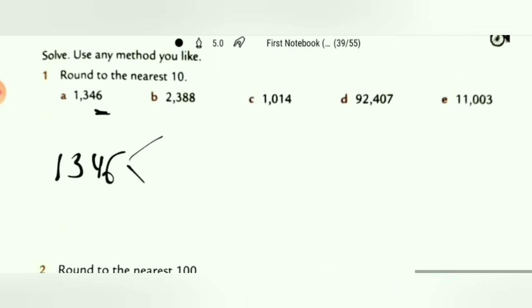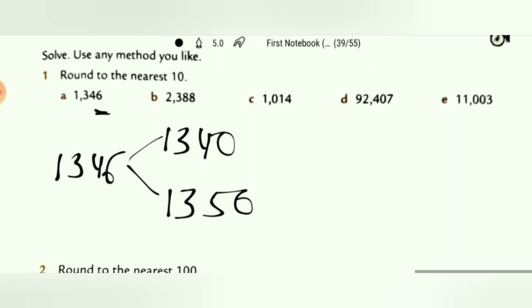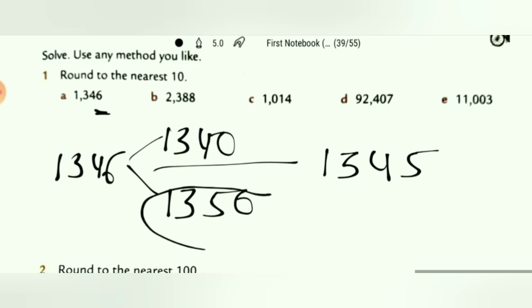It is coming between 1340 and 1350, and the middle number is 1345. Our question is 1346, so it is greater than the middle number. So the answer is 1350. See on your screen.